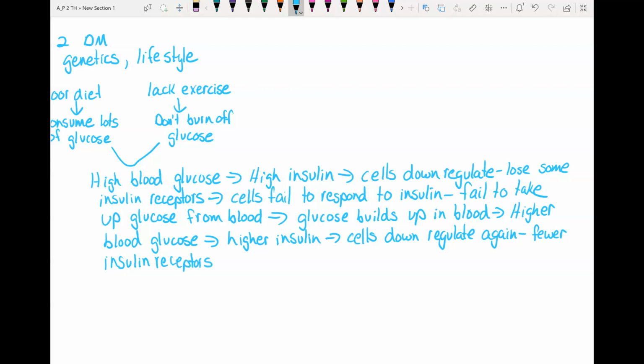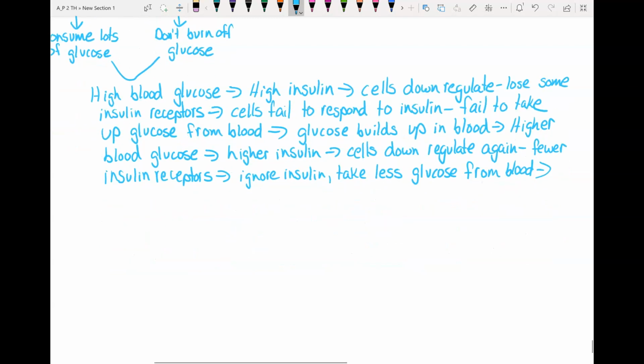So now they're ignoring the insulin even more, and they're taking up less glucose from the blood. Okay, do you see where this is leading? If they're taking even less glucose from the blood, you're going to have even higher blood glucose.